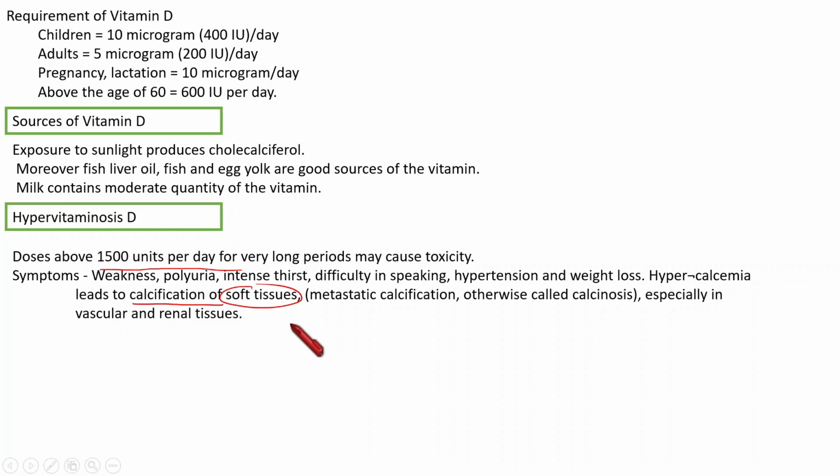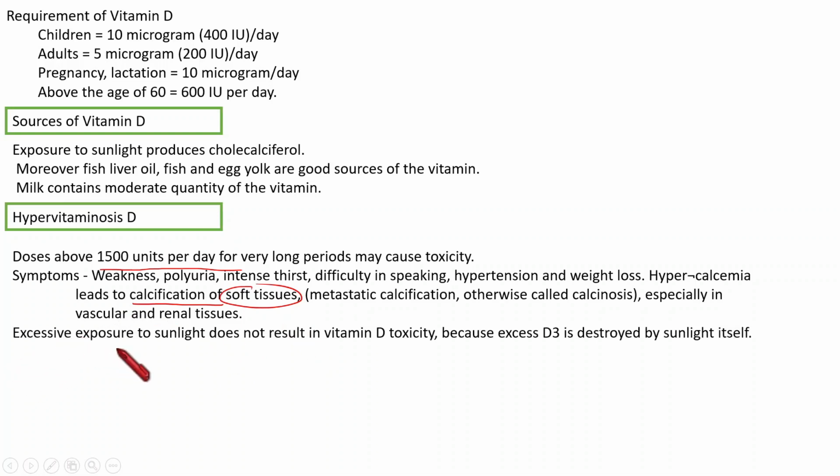That's also not desirable. But all this doesn't mean that excessive exposure of our body to sunlight will result in vitamin D toxicity. Why? Because the excess vitamin D3 that forms in our body because of excessive exposure to sunlight is destroyed by the sun's rays itself.